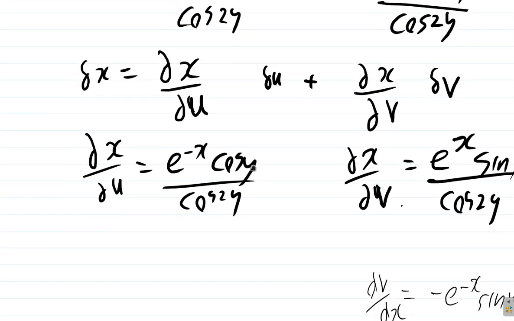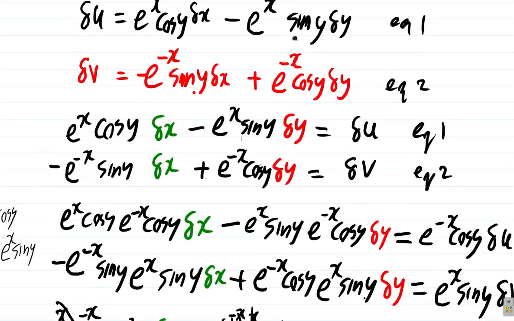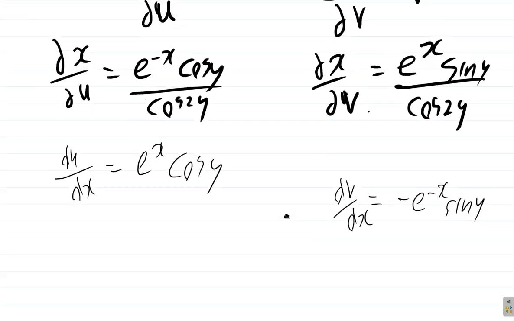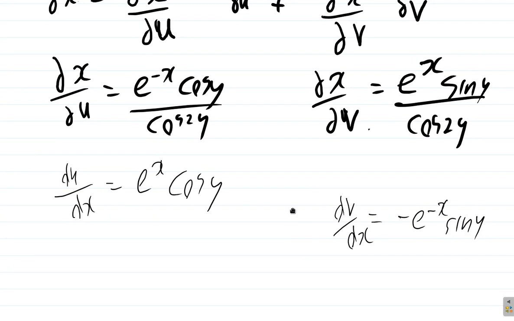Alright? So du by dx is e to the x cos y. But dx by du is not 1 over e to the x cos y. dx by du is e to the negative x cos y over cos 2y. Different thing.